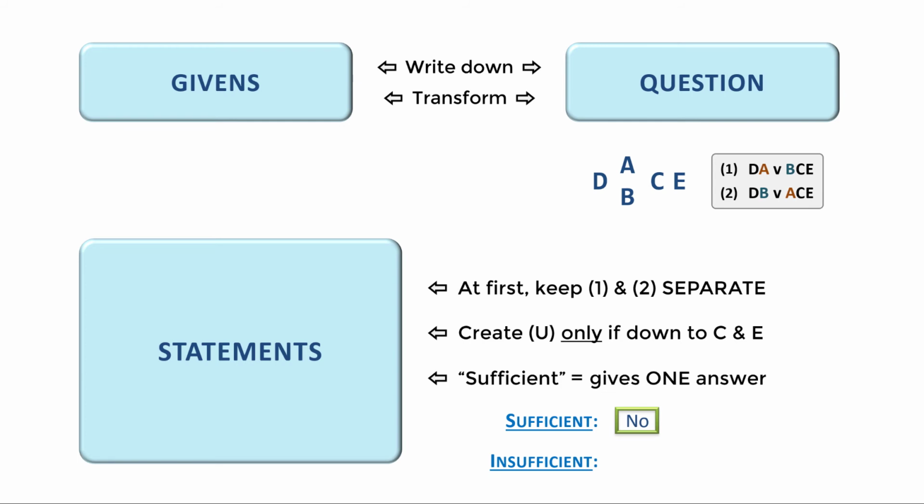For these yes or no questions, an insufficient statement would be one that doesn't pick a winner and just tells us the answer is yes or no. By the way, you'll never see a problem where one statement says yes and the other says no. The statements never contradict each other.